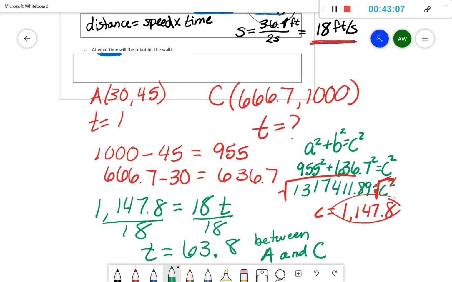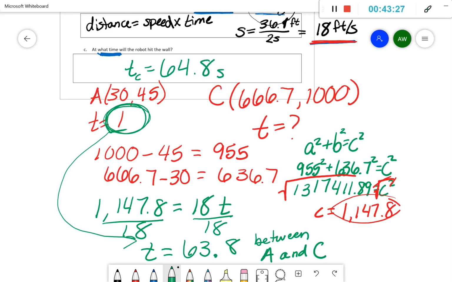But point A wasn't at 0 seconds. It was at 1 second. So we need to take this 1 where A is, and we need to add it to our 63.8 to get our time for C. So our actual time for C is going to be 64.8 seconds.